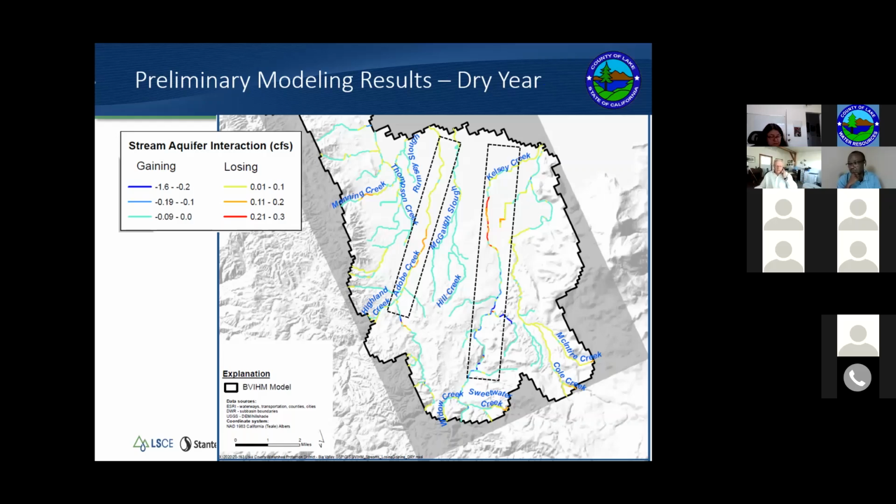In the model we have only two variables: the groundwater elevation relative to the ground elevation or stream elevation, and the other factor, the soil hydraulic conductivity and soil permeability.